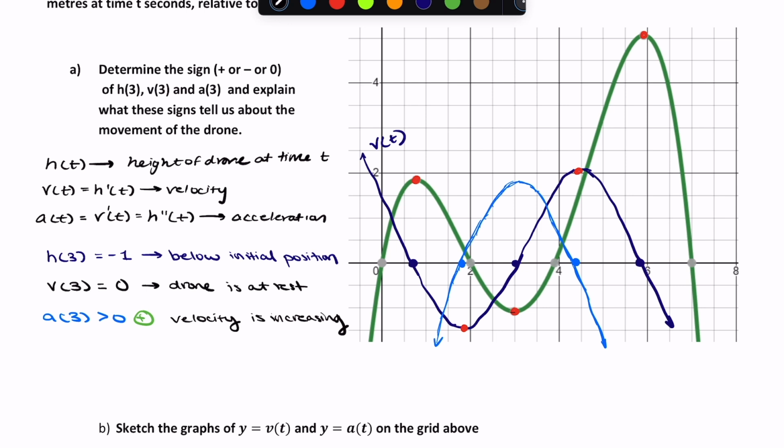But even though the velocity is increasing, it doesn't necessarily mean that it is speeding up. Again, it depends on the direction of the motion that is occurring.